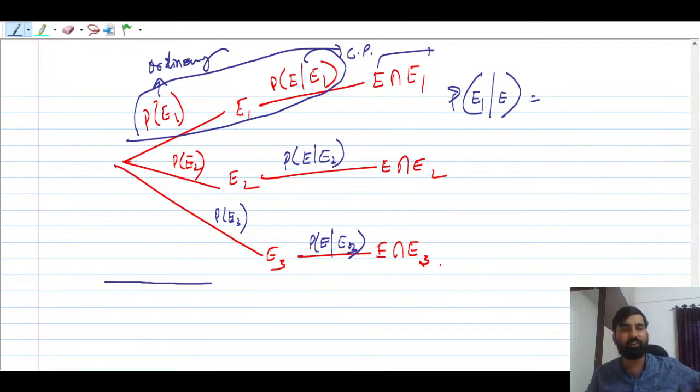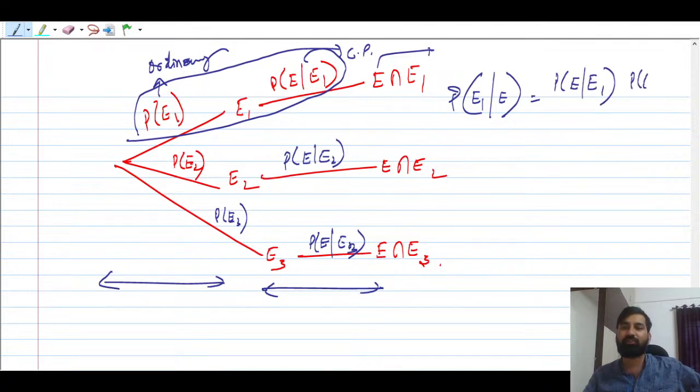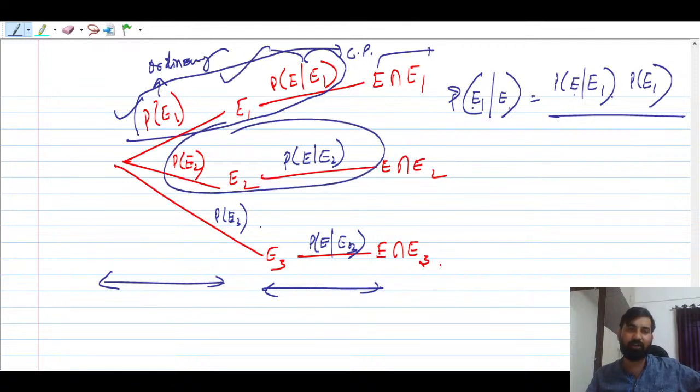From here to here is one event, and again there will be a second conditional event. So this is the probability of E given E1 times the probability of E1. You see, this is E1 given E, this is E given E1. Magic, right? And then in the denominator you have the addition of all these multiplications.